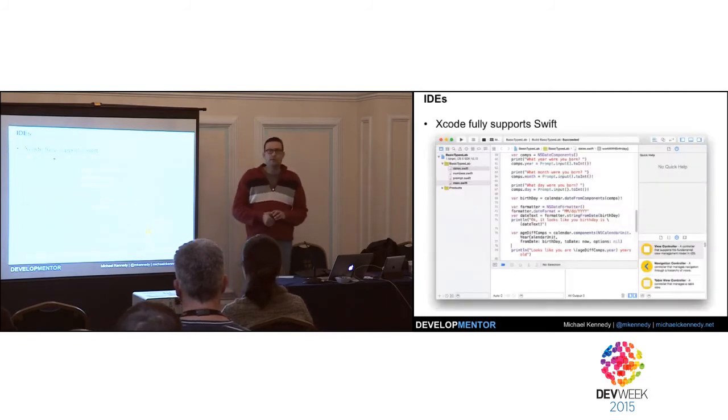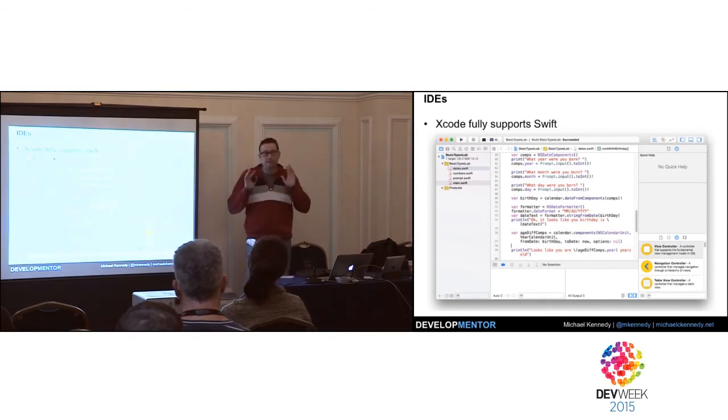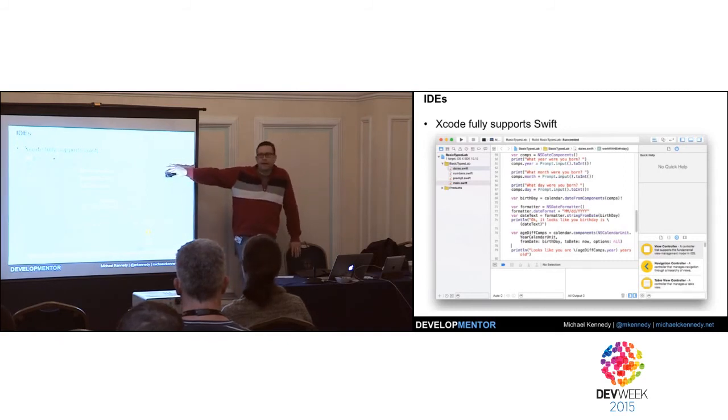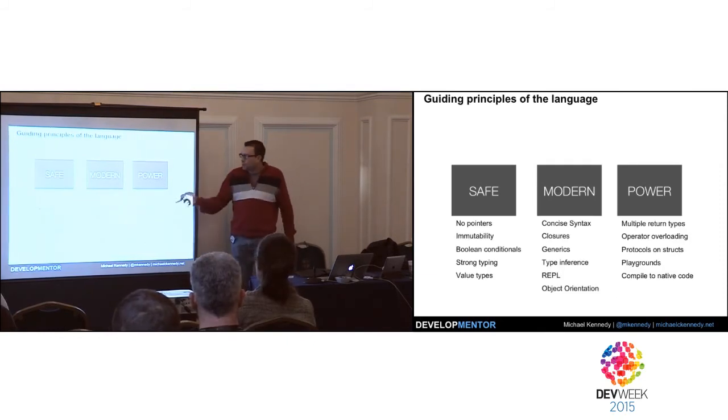Okay, so you can imagine we would use Xcode to write some apps, and we're going to stop in a minute and write some code, don't worry. So you can imagine Xcode must support Swift, right? Xcode is the main, it's like the Visual Studio from Apple, right? That's the way you've worked with Objective-C for so long, and that's how you work with the app, if you will. Very much object-oriented, so very modern in that sense, and it's also powerful.